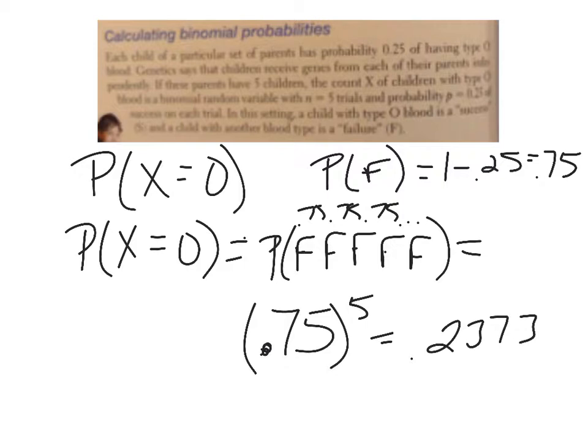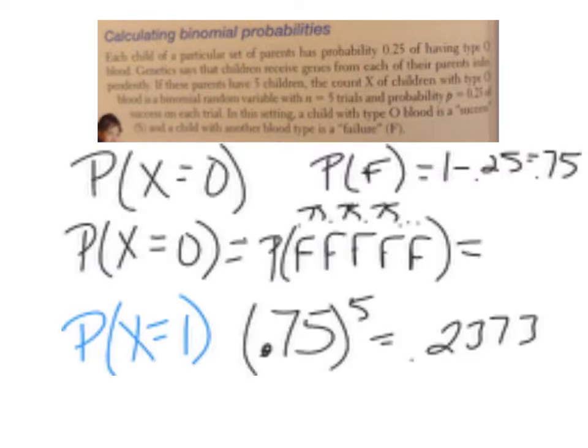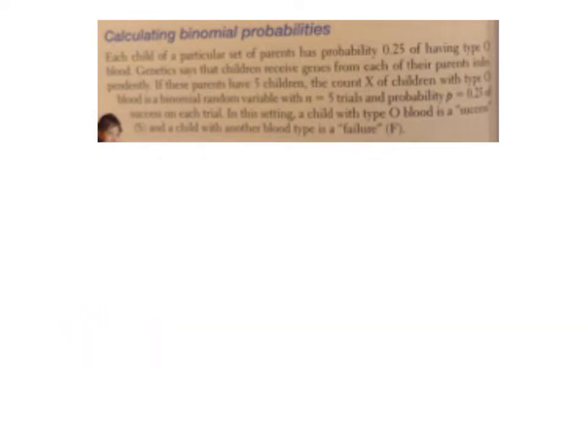Well now, what if I wanted to find the probability of x equals 1? So let's use our clean slate to work on this. Again, we're working on the probability that x equals 1. What we need to keep in mind here is that there are a lot of different ways we could have x equal 1. It doesn't say that it has to be the first child or the second or the third.